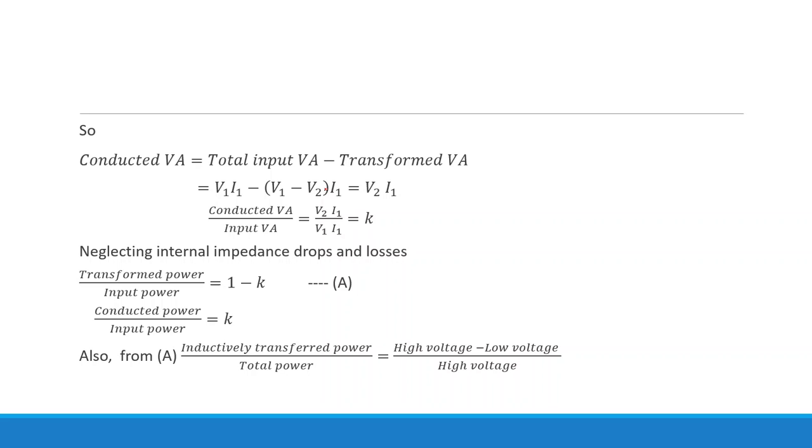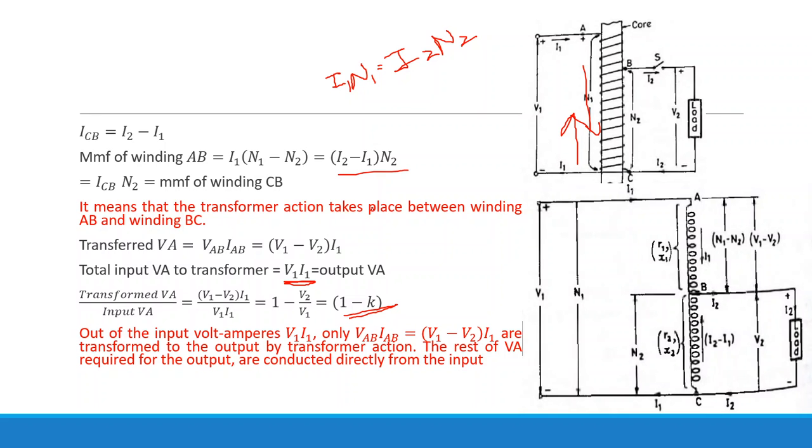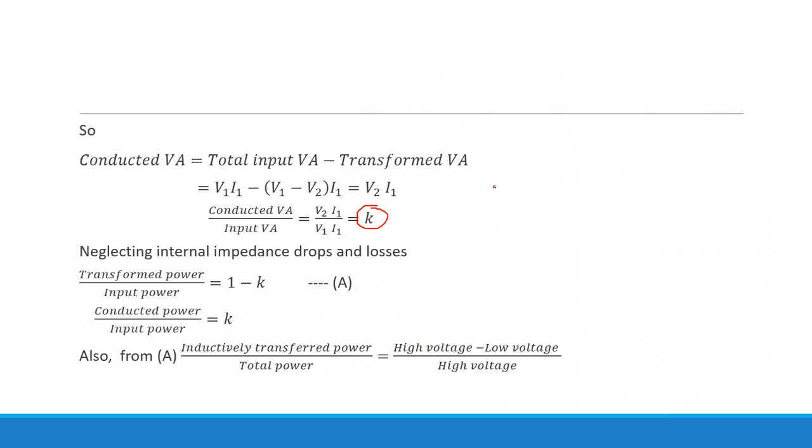So this amount will be equal to V2 I1. So from here we can write this conducted volt ampere divided by input volt ampere. So this is equal to K. How much was transforming through transformer action, it was 1 minus K, and here it is K.